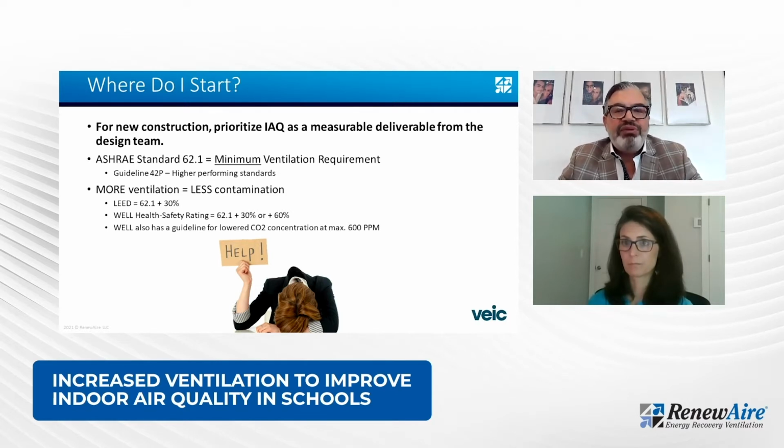So if we are able to maintain carbon dioxide as low as 600 ppm, we're probably approaching more than 60% over minimum. In some of these areas, you can go as much as 80 and even 100% more outdoor air. Something that we've done in our training center at the Renew Air Factory is a DOAS system using 100% outdoor air with no recirculation.